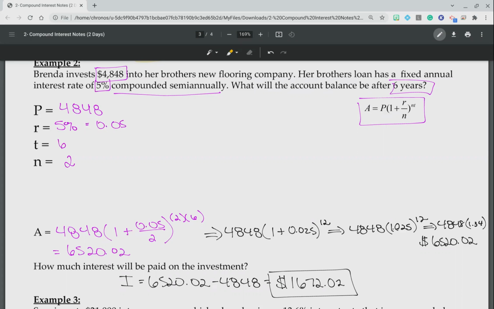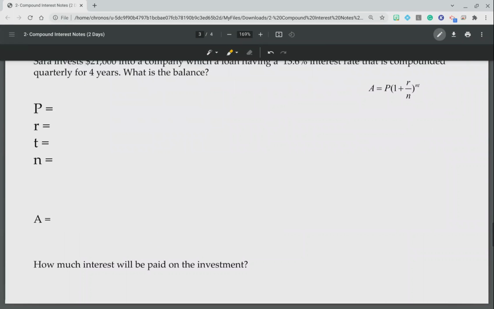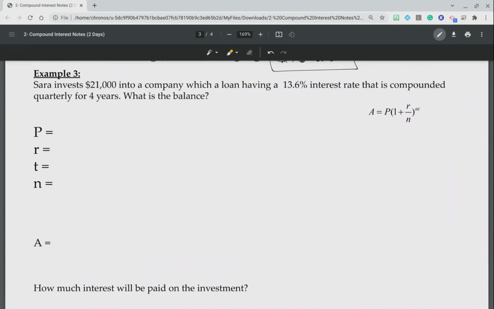All right, let's try another one. It says Sarah invests $21,000 into a company which a loan having a 13.6% interest rate is compounded quarterly for 4 years. What is the balance? So our principal is going to be $21,000. Our rate is 13.6%.